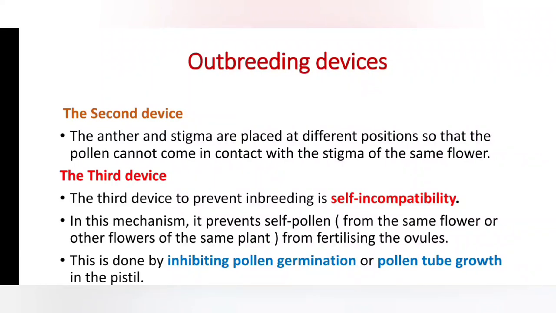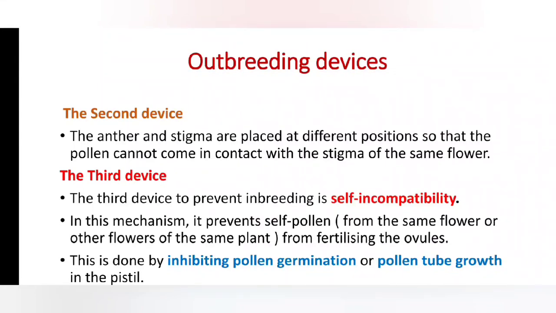In this mechanism, it prevents self-pollen, that is from the same flower or other flowers of the same plant, from fertilizing the ovules. The flowers themselves have developed a mechanism to stop pollen grains from the same flower or the same plant from fertilizing the ovules. How do they do this? This is done by inhibiting pollen germination or pollen tube growth in the pistil.